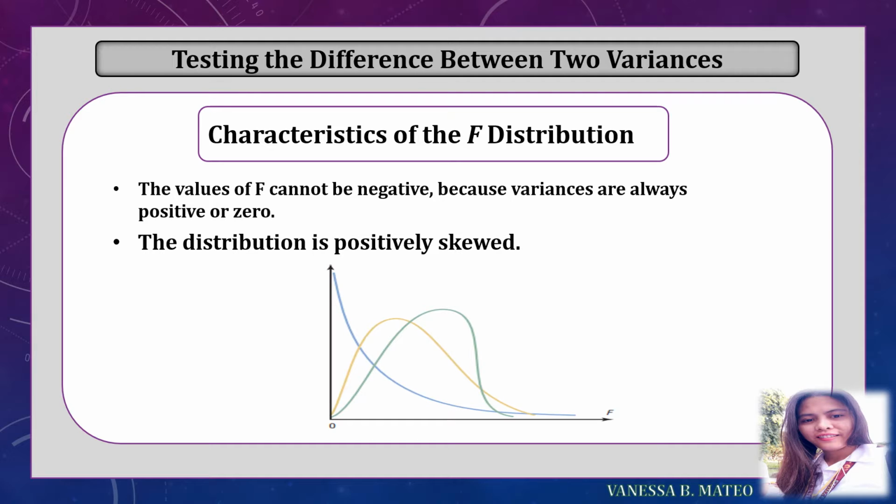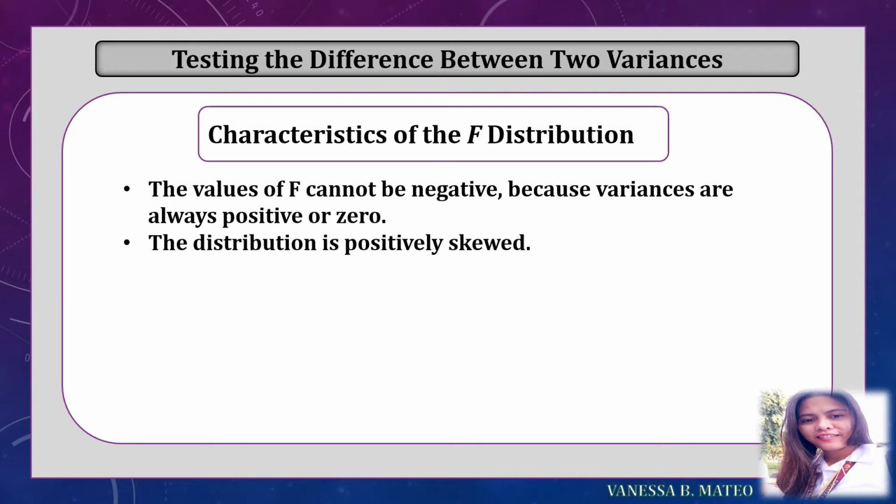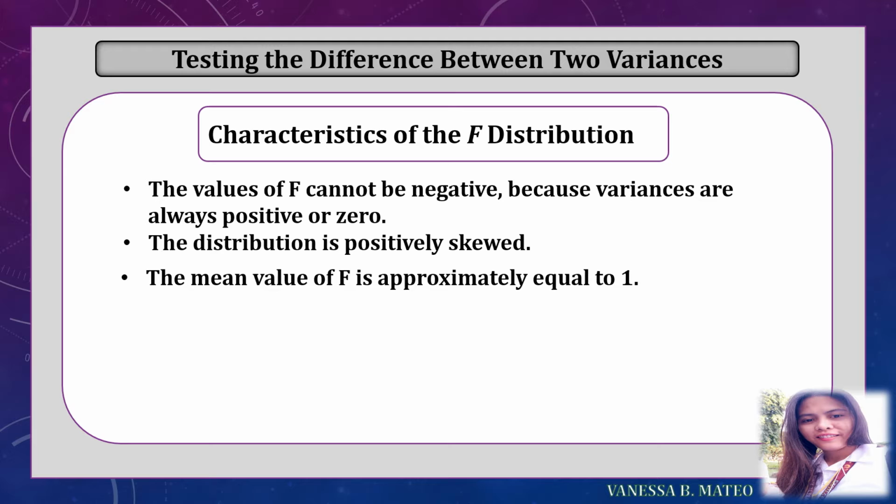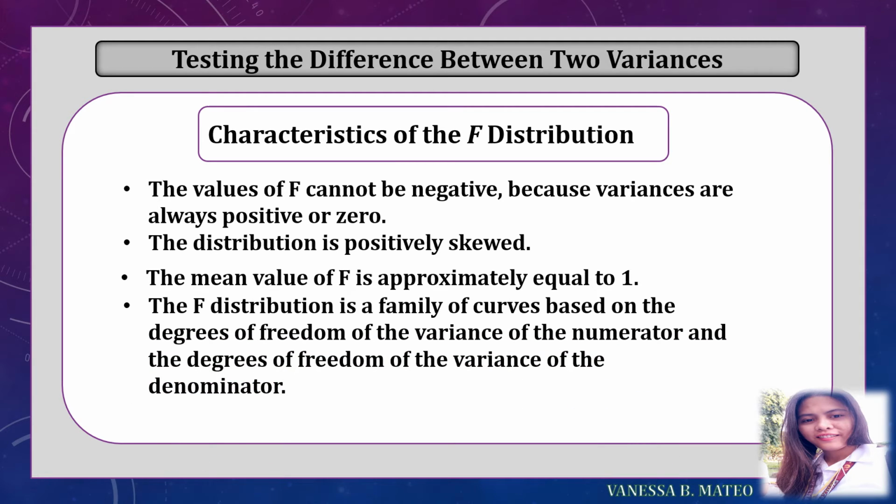The third characteristic is that the mean value of F is approximately equal to 1. And lastly, the F distribution is a family of curves based on the degrees of freedom of the variance of the numerator and the degrees of freedom of the variance of the denominator. How so, let us see.